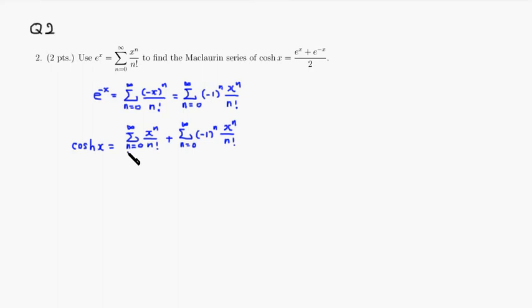then divided by 2. If you want, you can do this: since both summations go from 0 to infinity, we can put just one summation that takes care of both at the same time.